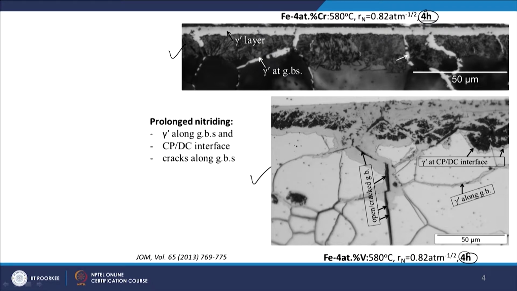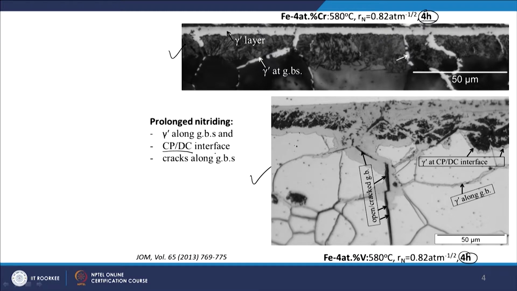That means it is a rather smooth surface after etching. This comes from so-called continuous precipitation and discontinuous coarsening. CP means continuous precipitation and DC means discontinuous coarsening. Continuous precipitation is treated like homogeneous nucleation, and discontinuous coarsening is treated as heterogeneous nucleation.